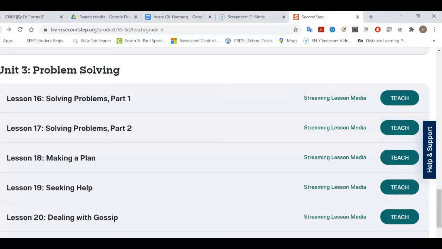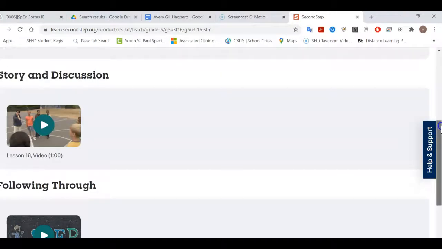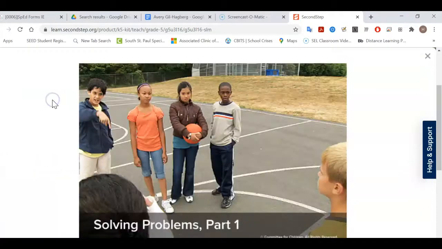Awesome. Okay, so what do you notice about the first letter of each step? Right? So the first letter is the S, of course, and that is for saying the problem without blame, which means state the problem without blaming anyone. Okay? And then the T stands for thinking of solutions. And then the E, exploring options, and the P is picking the best solution.